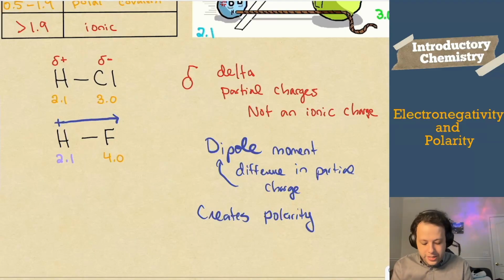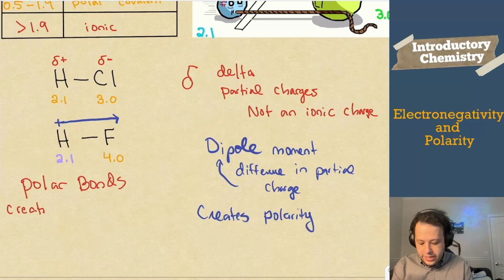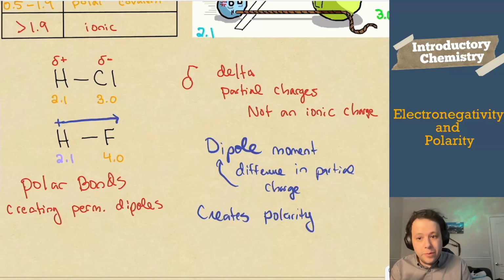So this allows us to illustrate polar bonds by creating permanent dipoles, which is going to be a very important concept for the future when you start looking at intermolecular forces and trying to determine polar molecules.